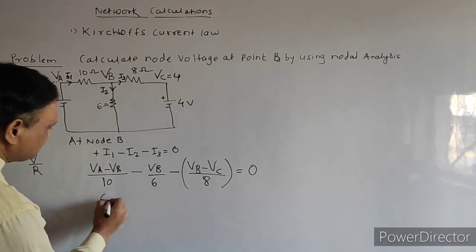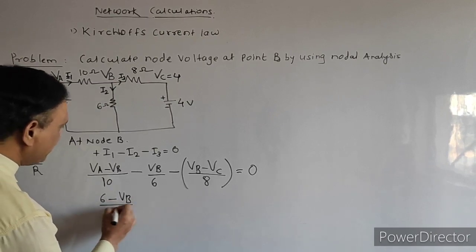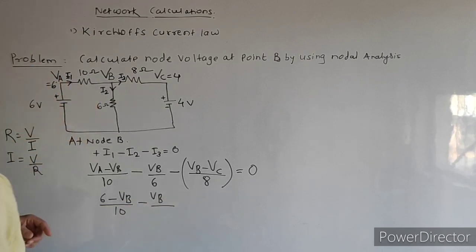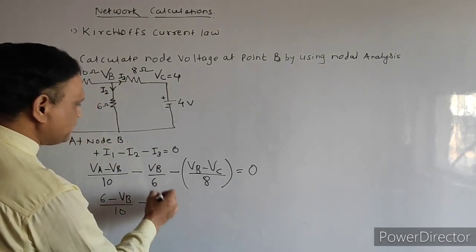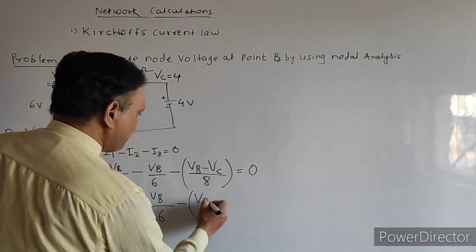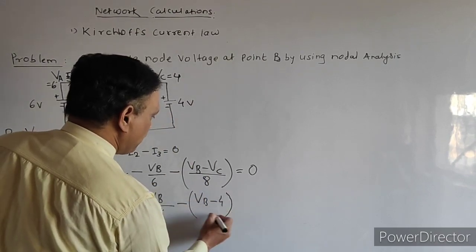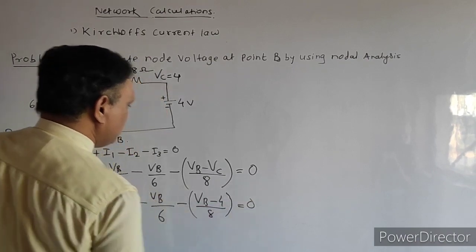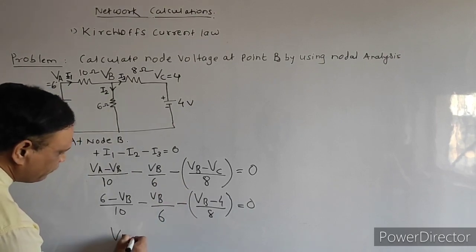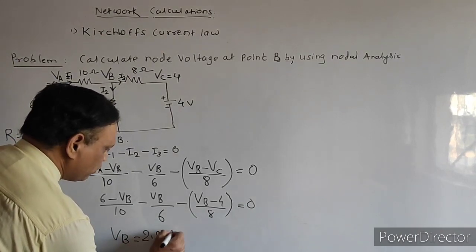Our VA is 6 minus VB, which we have to find out, upon 10, minus VB, which I have to calculate, upon 6 as per the formula, minus VB minus VC, my VC is 4, upon 8 as per the formula. Now if you calculate this equation, you will get VB is equal to 2.81 volts.